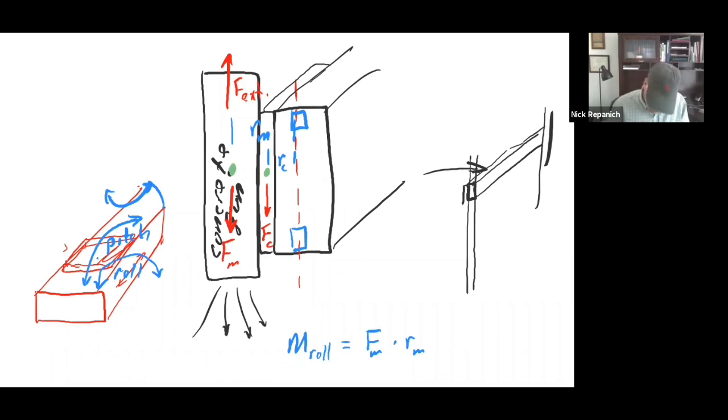Keep in mind that if you do the free body diagram, this part here, let me highlight it, the body of the actual unit itself is seeing a force.